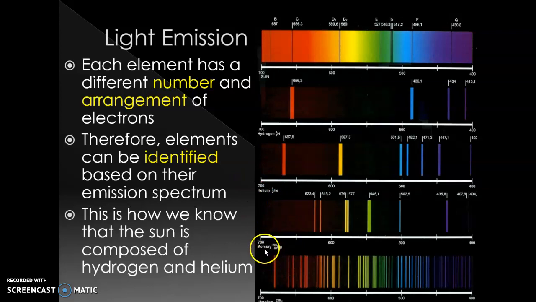This one is mercury, and this one is uranium. Each specific substance tested has a very specific emission spectrum, so they can be identified that way. That's how we know the sun is primarily composed of helium and hydrogen.